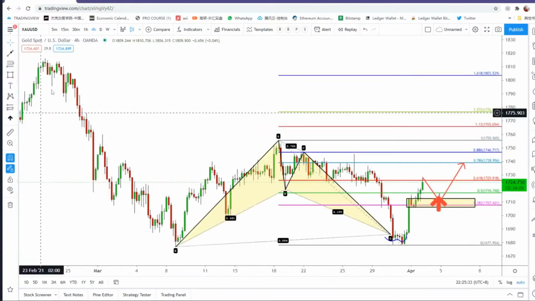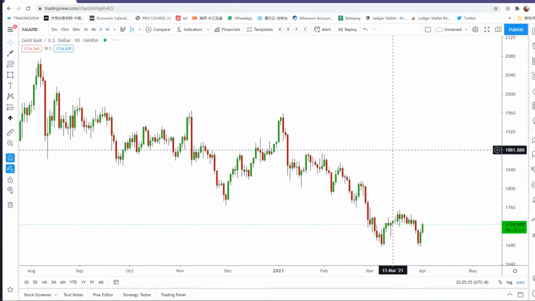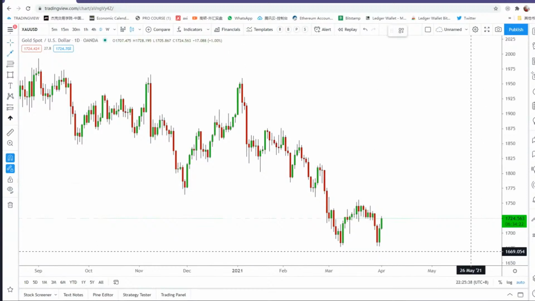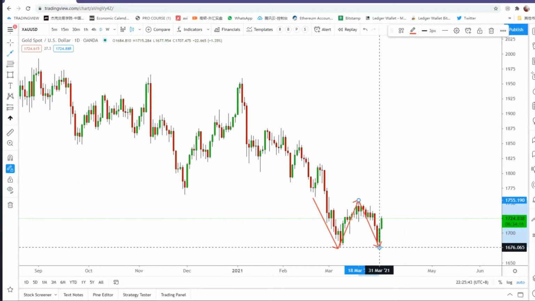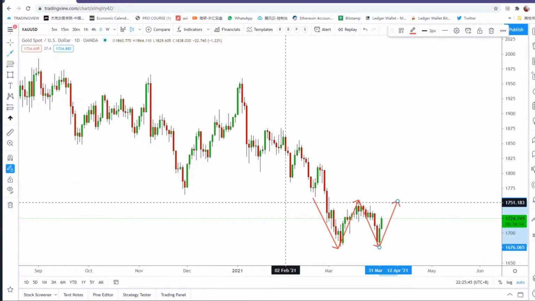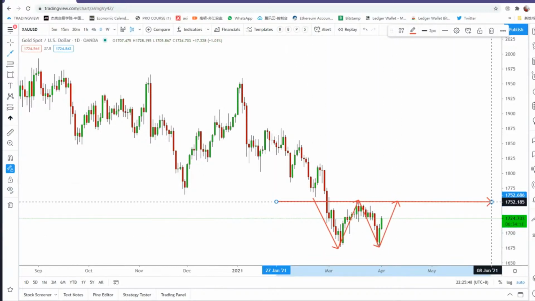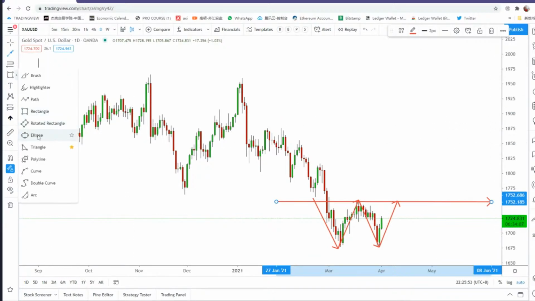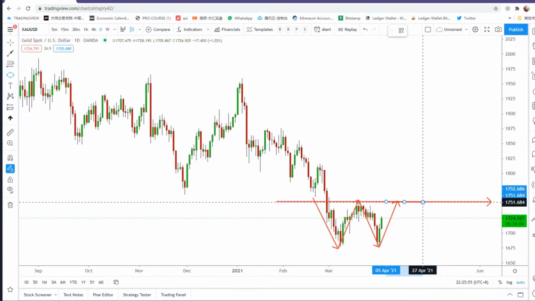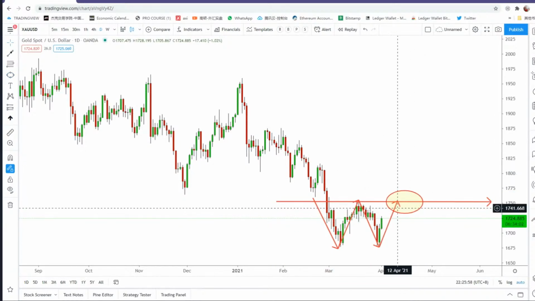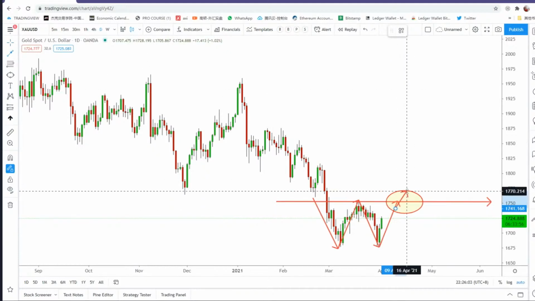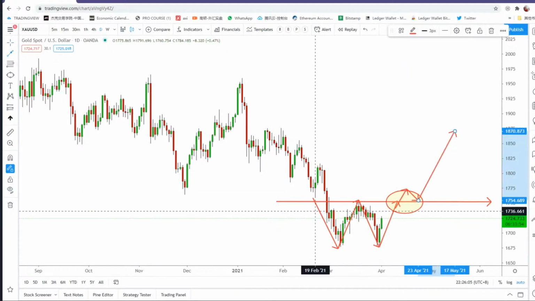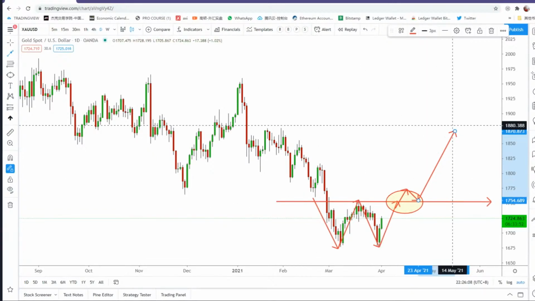Back to the daily chart, the gold has been testing the 1675 area twice, so we can use the two-try rule here as well. With this two-try rule, the breakout area will be at 1752, so we have to be very sensitive when the gold moves to 1752. If we do see a breakout happen, it will reverse the trend totally.